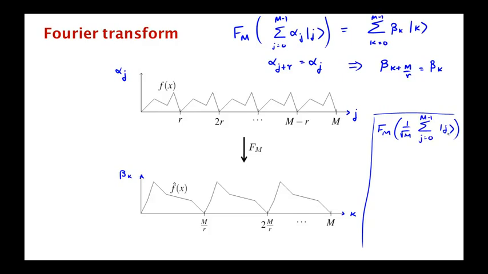This is a superposition over everything from 0 to m minus 1. And what's the Fourier transform of this? Well, it's just the delta function at 0. This superposition has period r equal to 1, so m over r is equal to m.